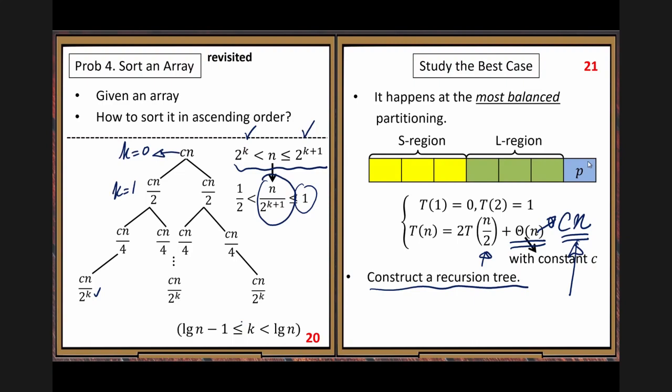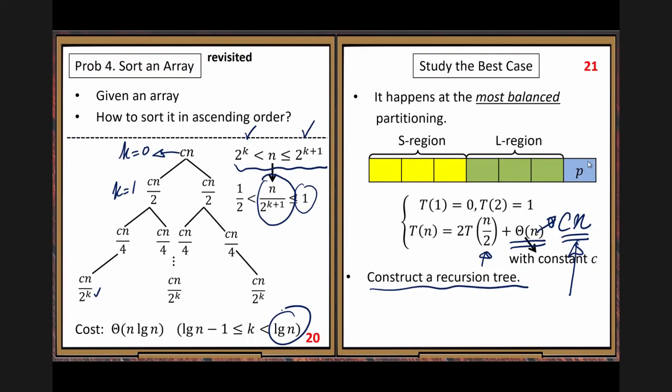But k plus 1 is still approximately log base 2 of n. We use approximation for the estimate formula. So the total cost should be big theta of n times log n for the best case.